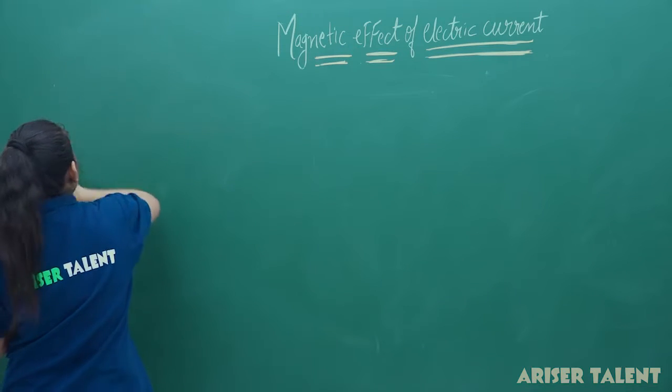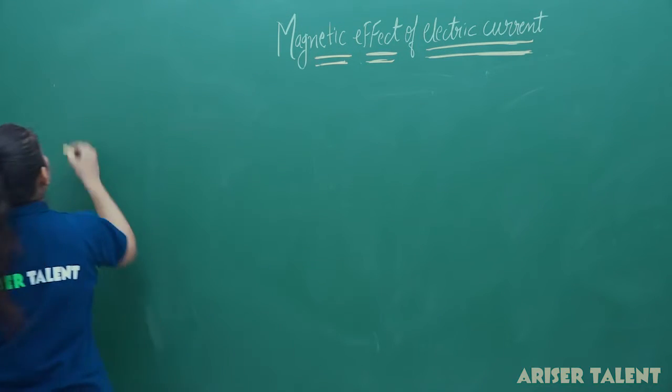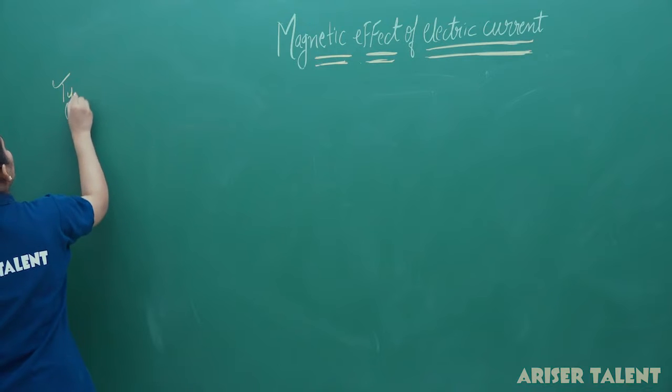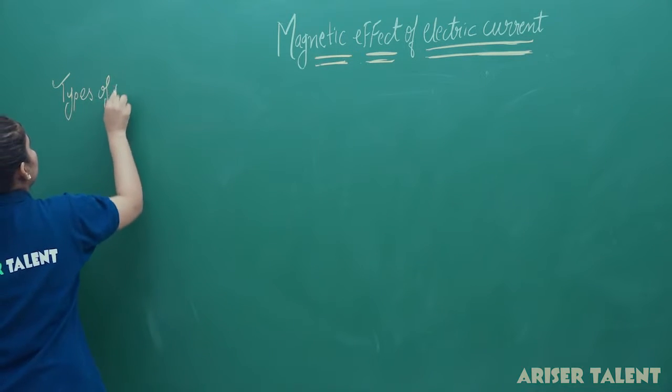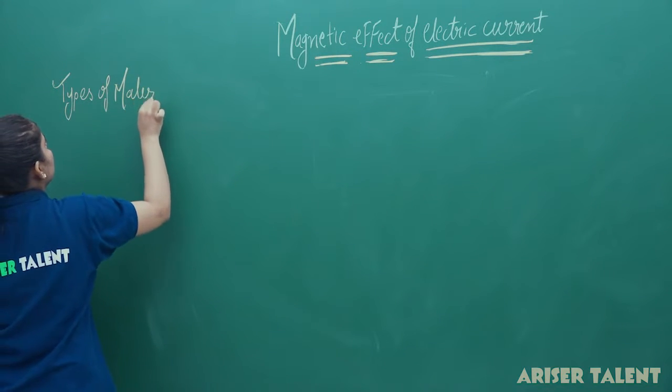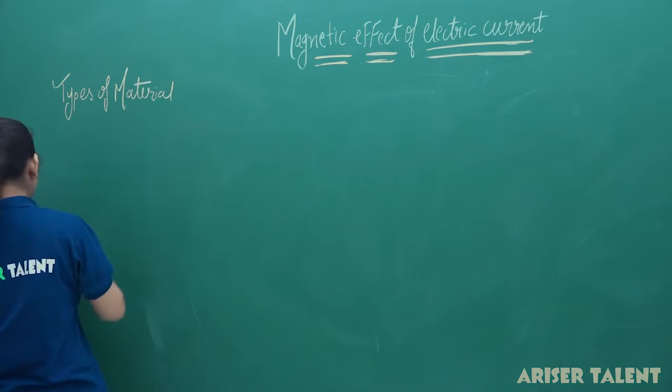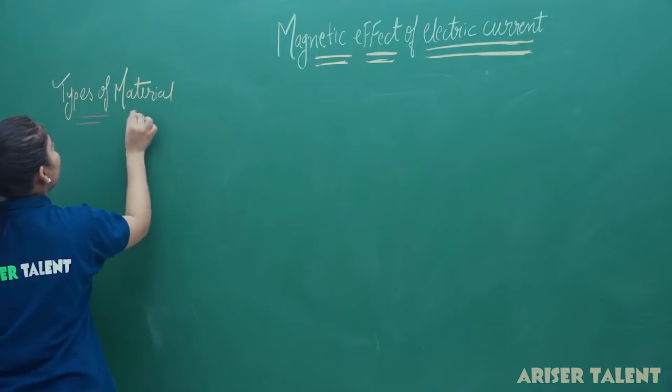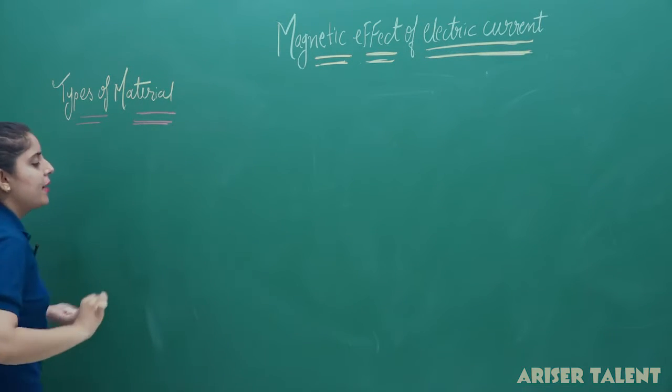So instead of types of magnetic material, we can simply write the types of material we have. And these two types are magnetic and non-magnetic.